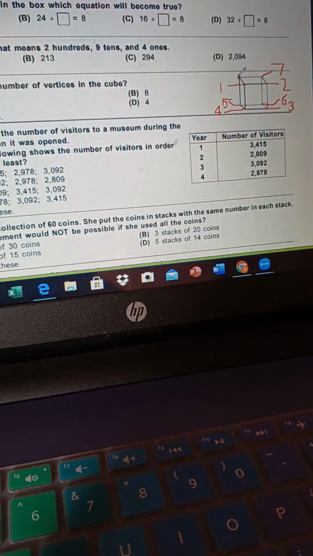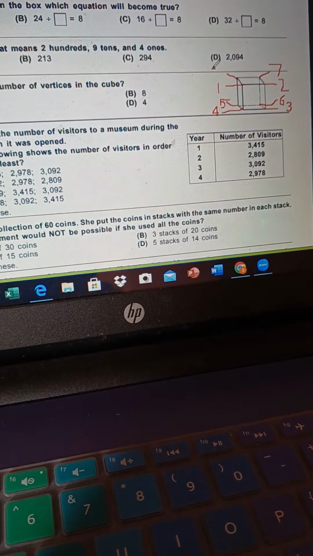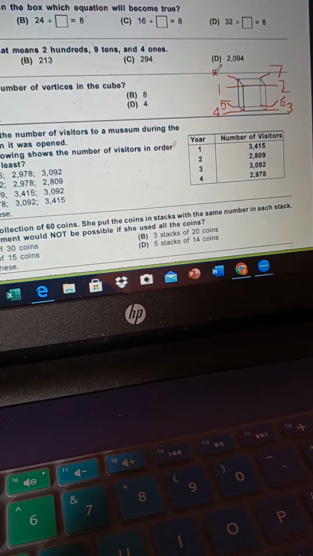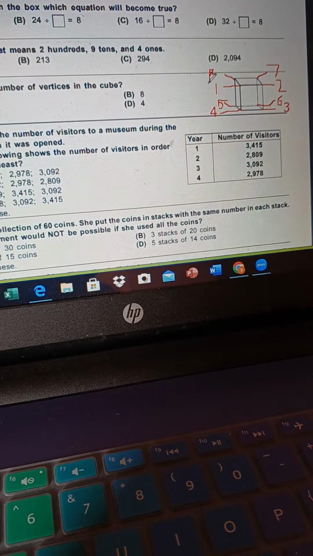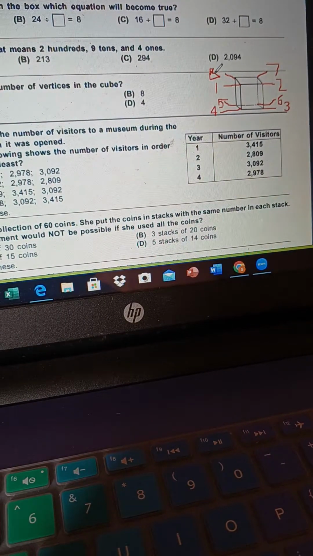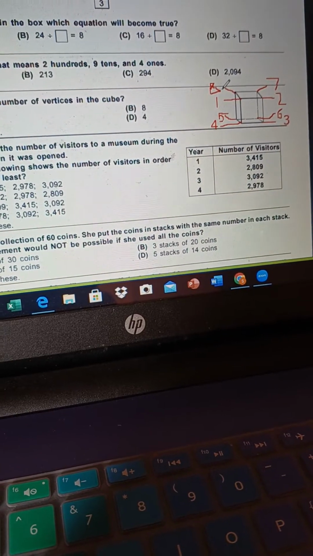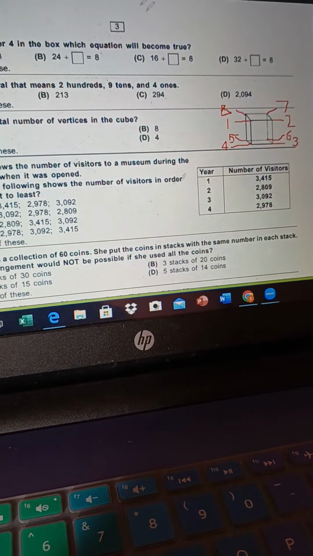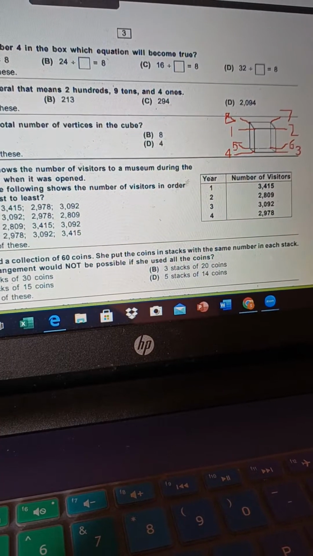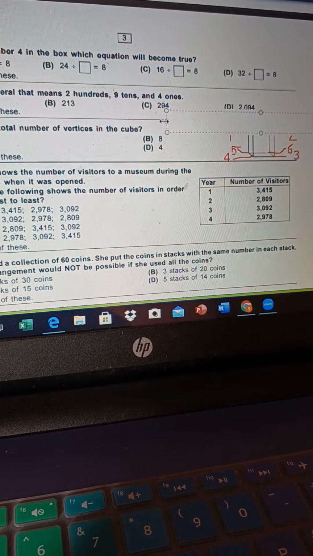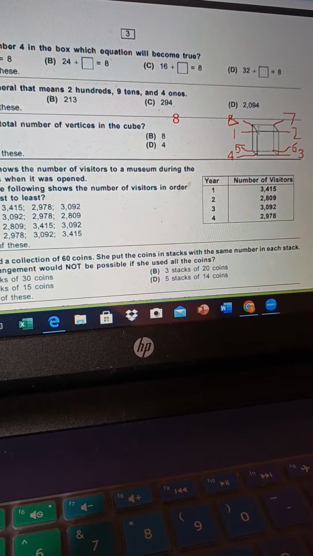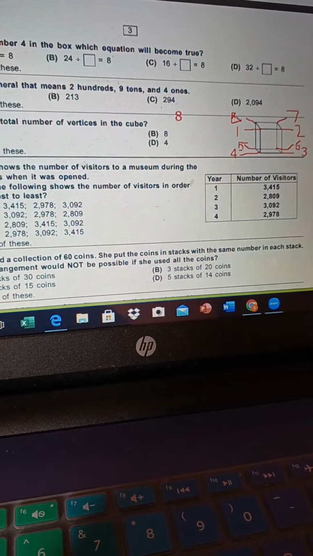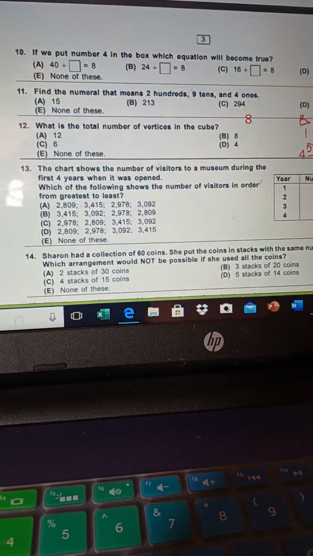Then these as number 8. I hope you understand my writing. I know it's a bit illegible. This one is 8. So we have 8 vertices. So the correct answer will be 12B.